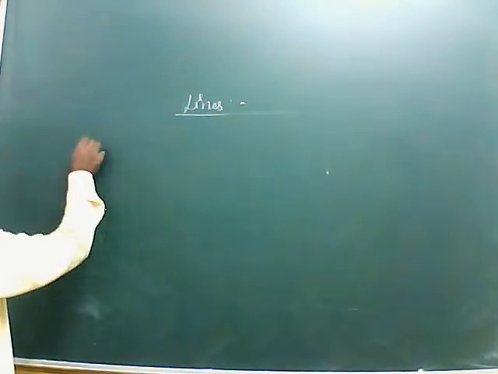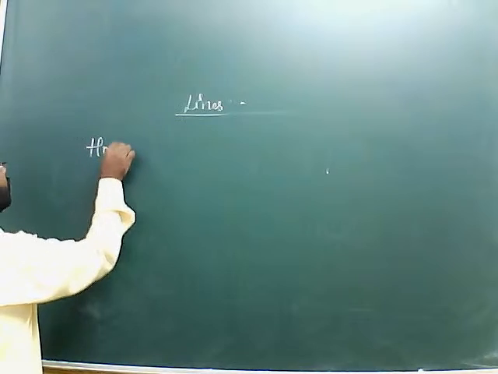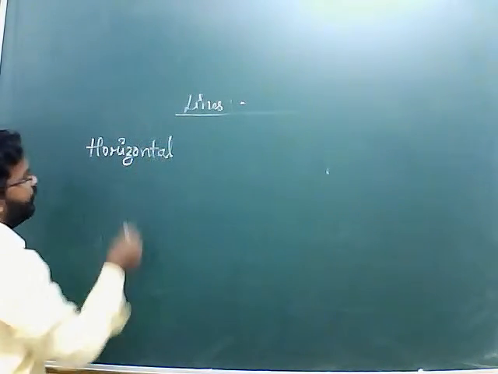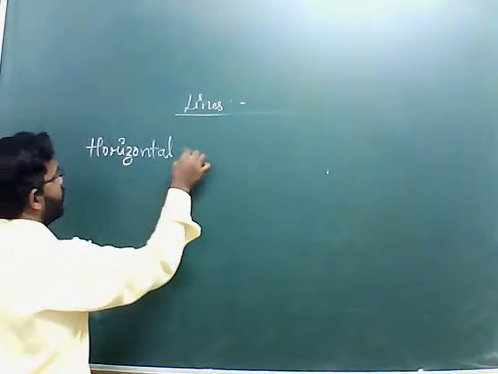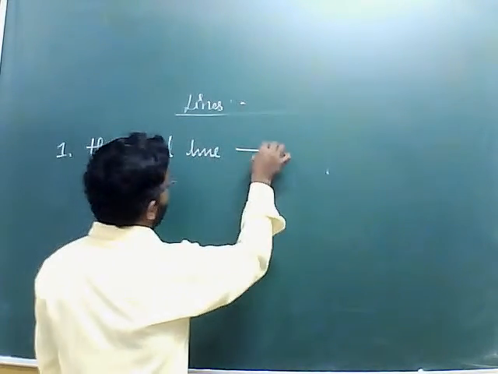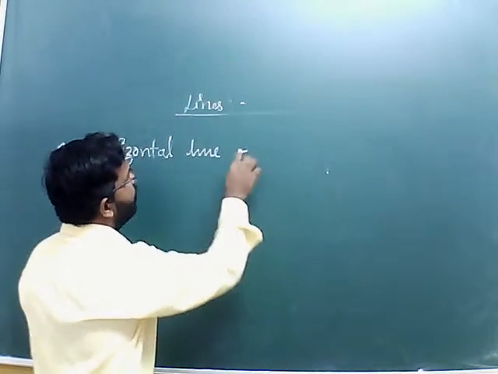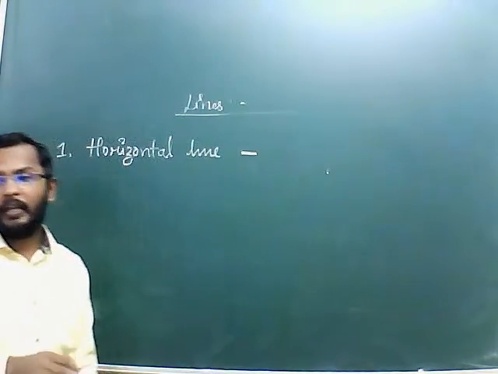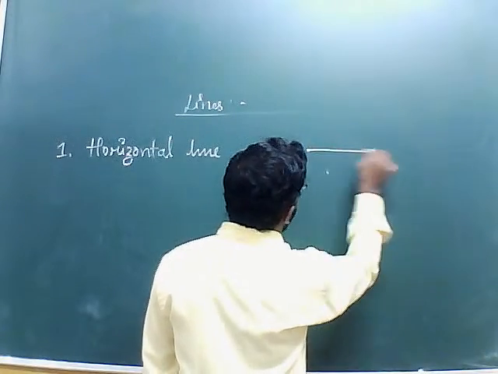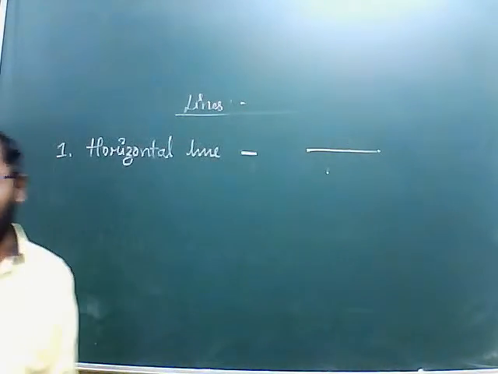So let's write that. In lines, we have four types. The first one is the horizontal line. The line we call horizontal is a sleeping line. So these lines are called horizontal lines.